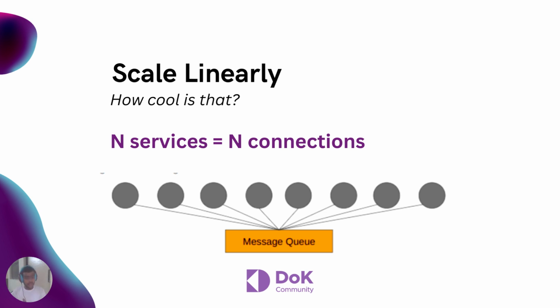That means I can scale linearly. I don't need to worry about how I'm going to communicate with all the other services in the architecture, because all that hassle is taken up by the message queue. It's responsible for all my scheduling, all my load balancing, all my connections. It's doing all that stuff.